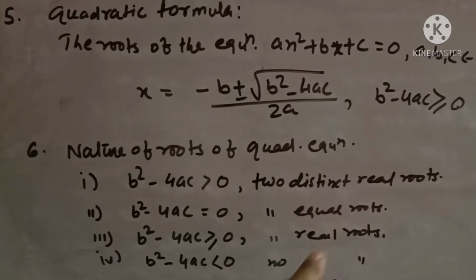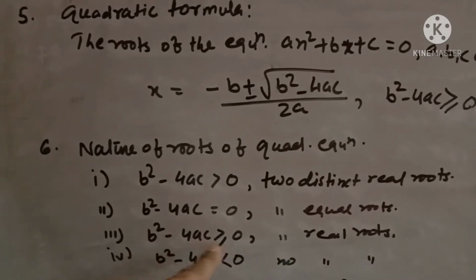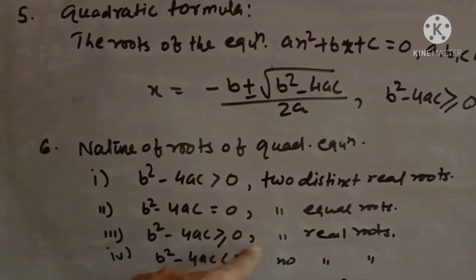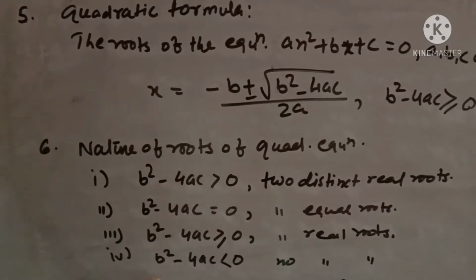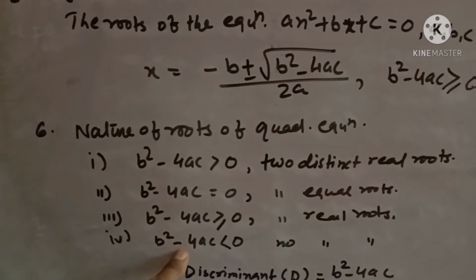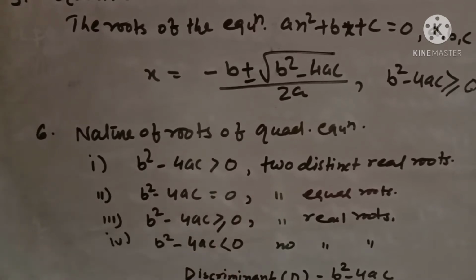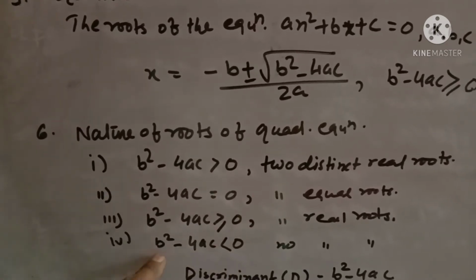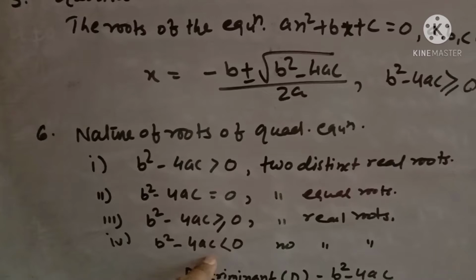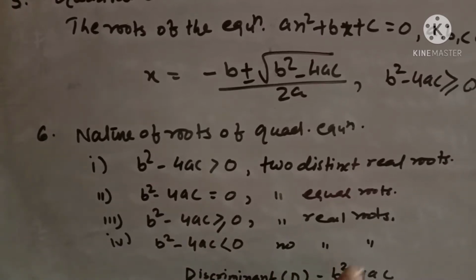Two real roots if and only if b square minus 4ac is greater than or equal to 0. And if b square minus 4ac is less than 0, then no real roots.